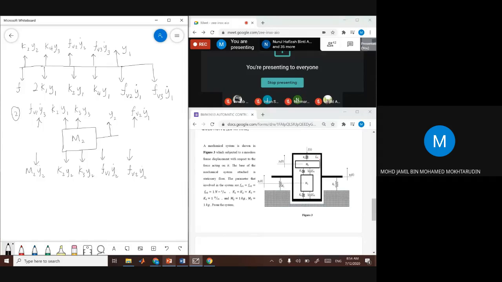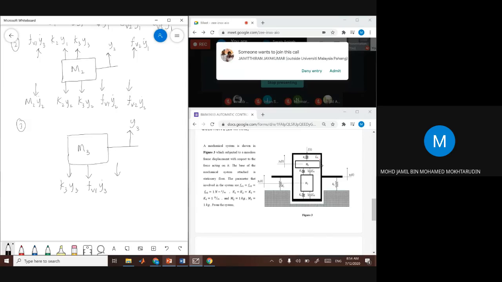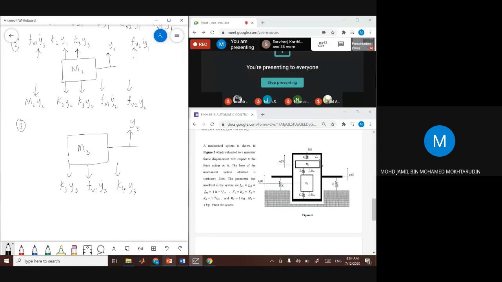Okay, free body diagram number 3. Here you have K3 Y3, FV1 Y3 dot, K4 Y3, FV3 Y3 dot, and M3 Y3 double dot.